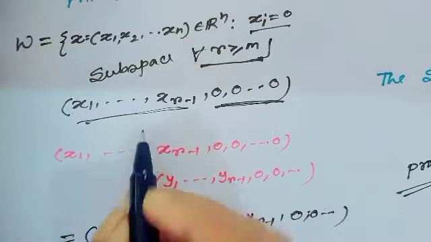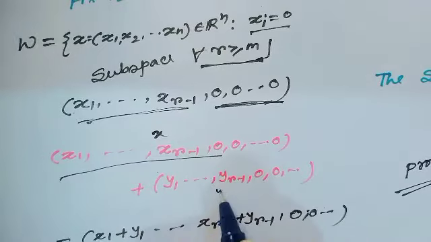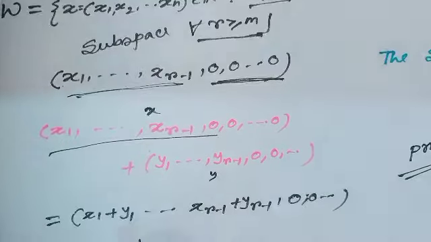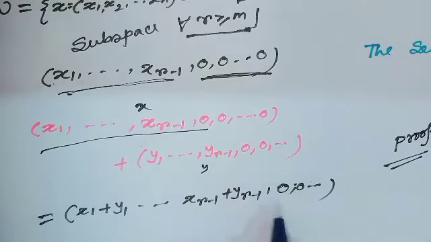Consider this as x, which is equal to this, and this point be y. Then their sum would be (x1 plus y1, up to x(m minus 1) plus y(m minus 1)), then after that all points are 0.